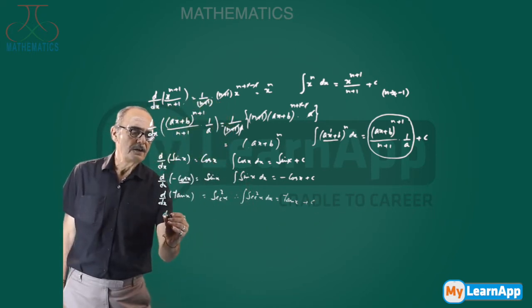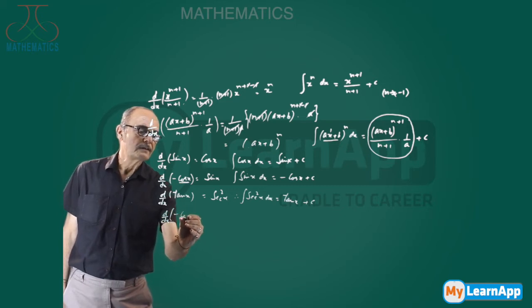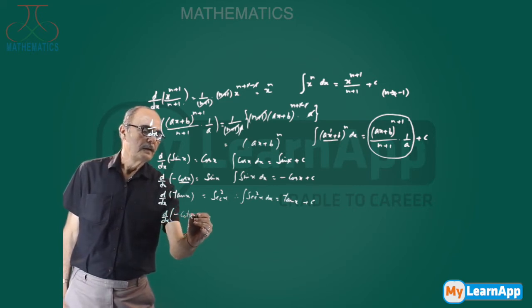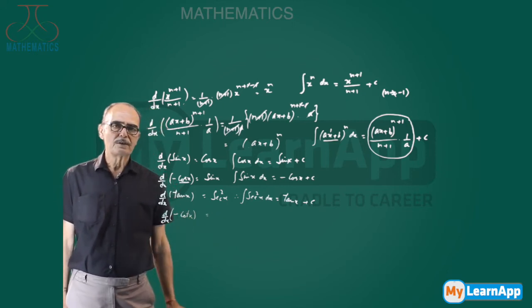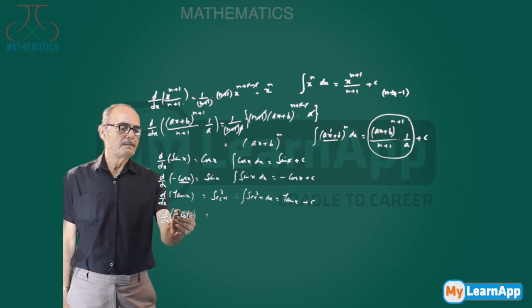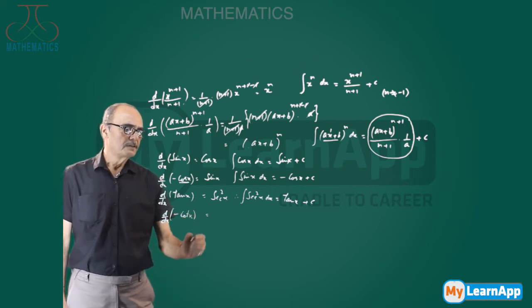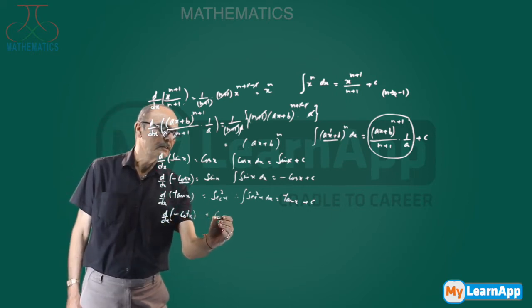The next is d upon dx of minus cot x. The derivative of cot x is minus cosec square x. That minus and minus sign will get cancelled. So this is plus cosec square x.